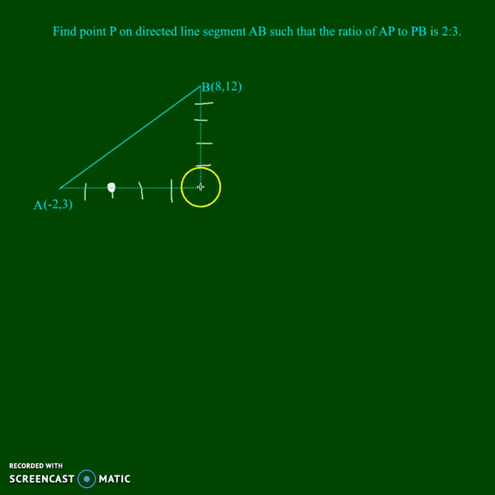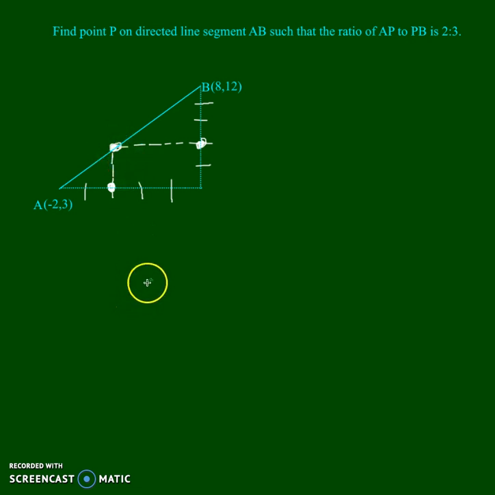So from here we go up 2 units, 1, 2. So this is where the vertical component of point P is. Now if we extend lines through these points, a vertical line and a horizontal line, we'll find out approximately where these two intersect, and that's going to be approximately where our point P is. So close enough. This will be the approximate location of our point P.